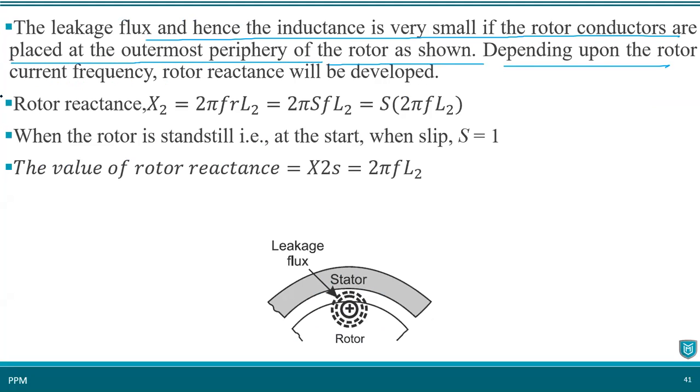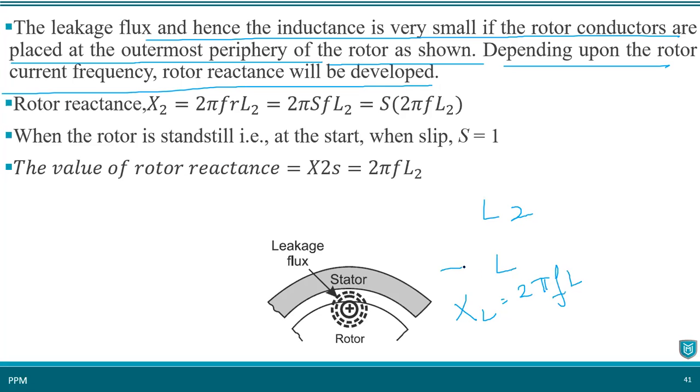Depending upon the rotor current frequency, rotor reactance will be developed. As I told you, if the inductance value is L2, then simple: the inductive reactance equation is XL is equal to 2 pi F L. I think all of you know this equation. This is inductance, and this is known as inductive reactance.